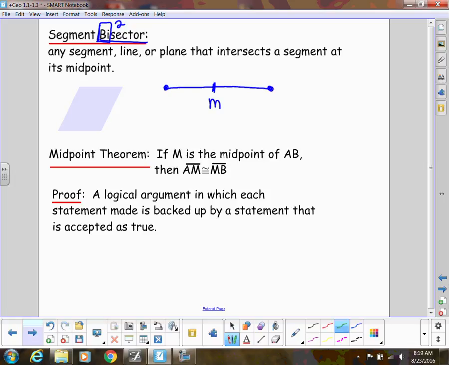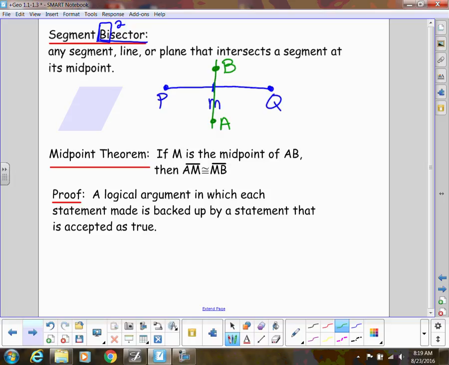So a segment bisector can be a segment. So if I put a segment going through here, let's call this original segment PQ. And then let's call this green segment, I don't know, let's call it AB. All right, so AB, the segment, is cutting that segment PQ in half, right?